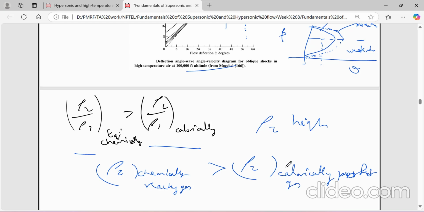So for the same mass flow to pass through the shock, the shock layer should decrease because rho 2 is high. So if the shock layer decreases, then the same mass flow will pass through the shock. So that's why the shock layer will decrease further.